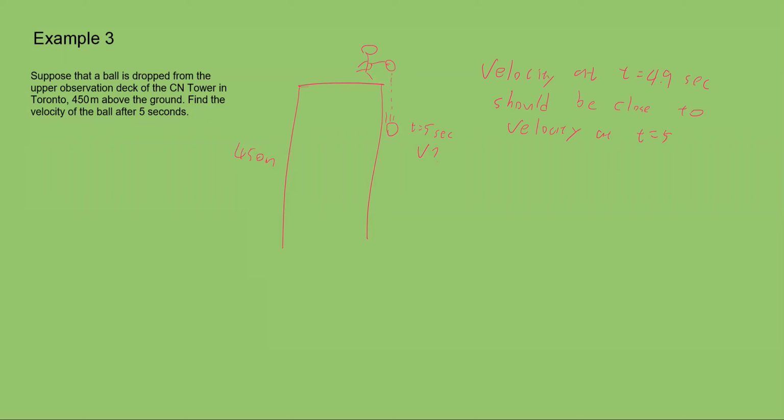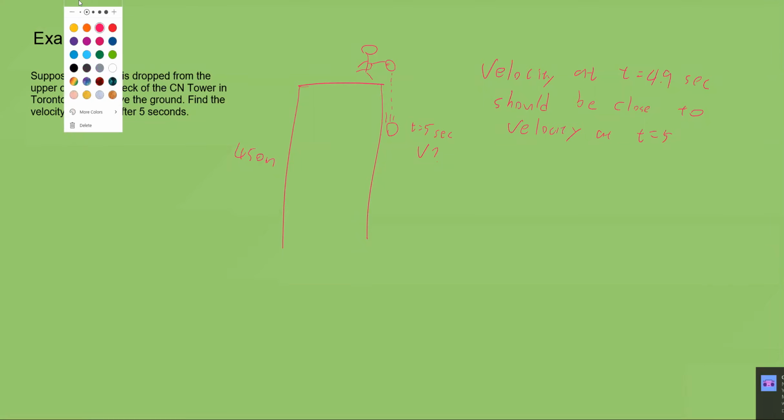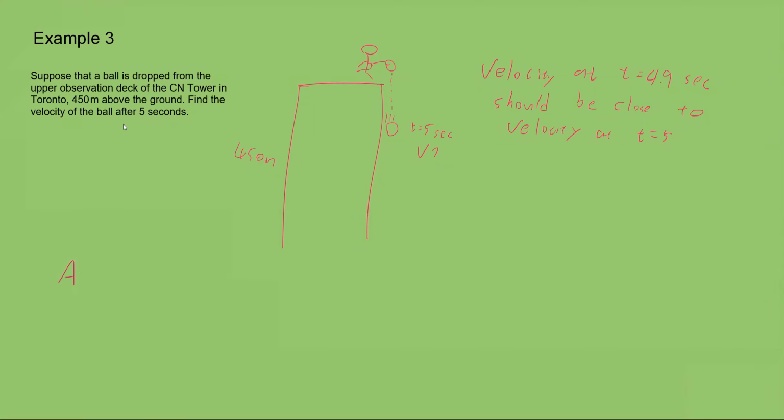And if you think that, you'll be right. But we can be a little more accurate than that. But let's just use 4.9 for now. We want to find the average velocity. Actually, I'm going to type this one out.